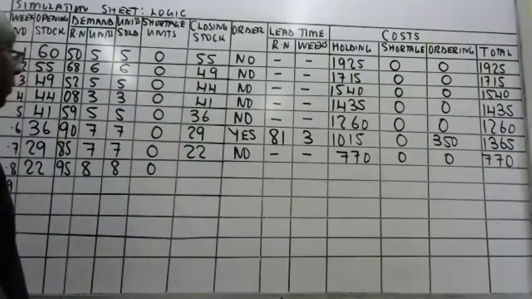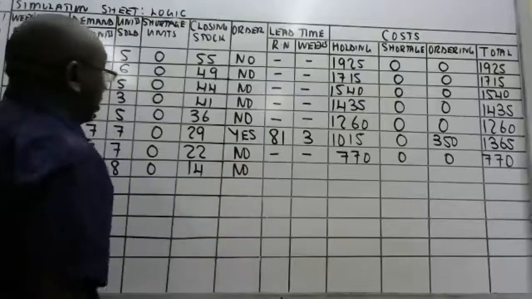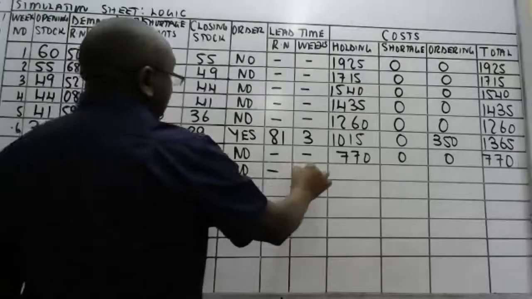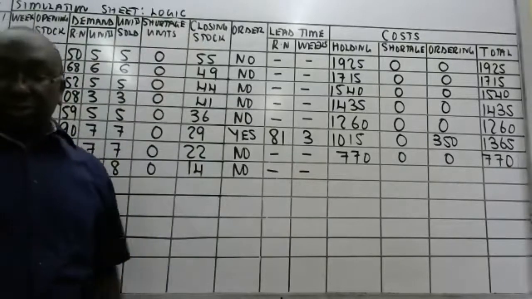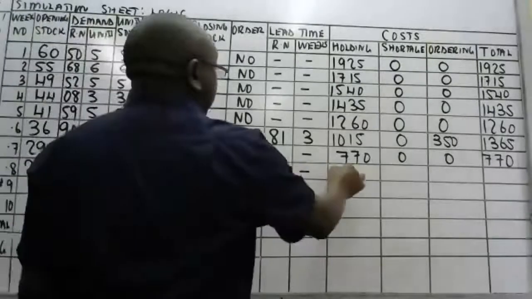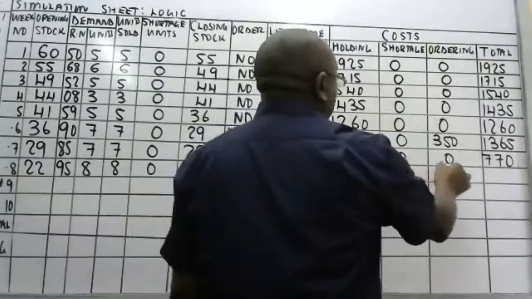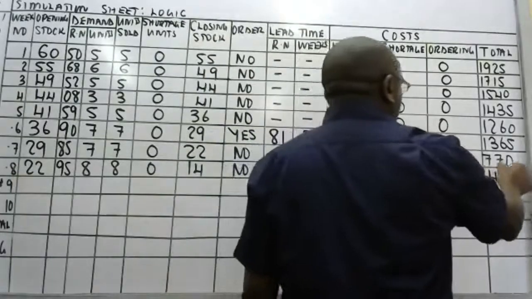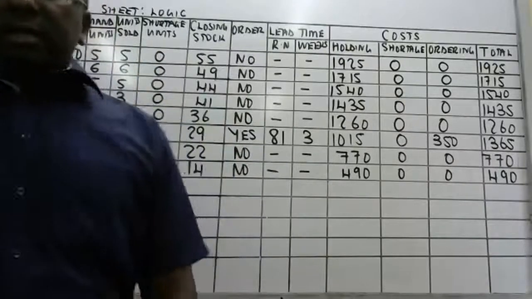We close with 14. Good. So we are not placing an order. So the holding cost is 490, and no shortage, no ordering. We have 490.